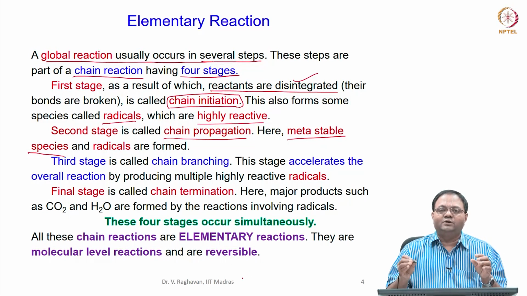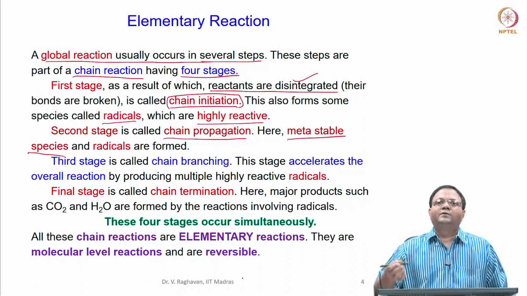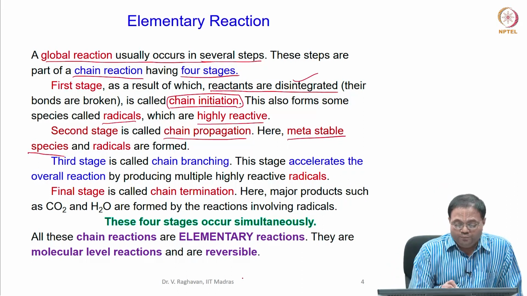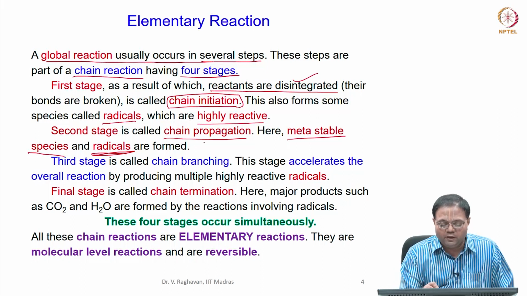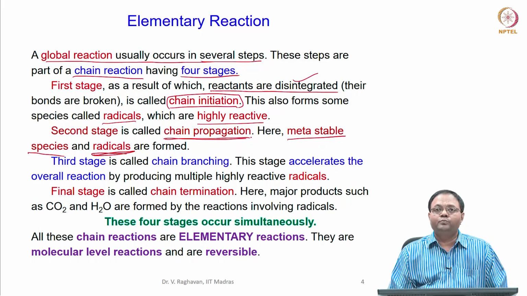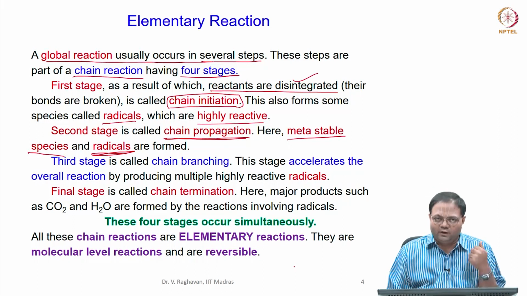Under certain conditions they can react with other species to form products, or other species again. The highly reactive radicals are also formed in the chain propagation reaction. So chain propagation keeps the reaction mechanism alive.